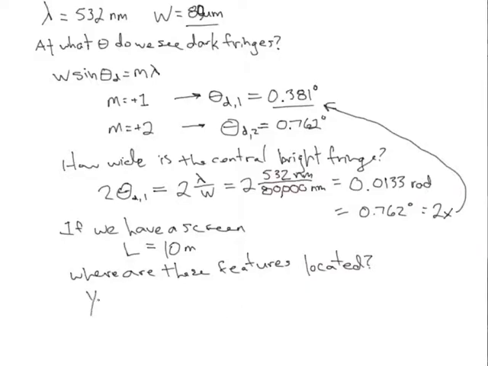So in that case, we can find the Y positions of the dark fringes. So Y dark 1, and if we work out the trig, it's just L times the tangent of that angle for the position of the dark fringe. So it's located 6.65 centimeters from the central bright fringe.